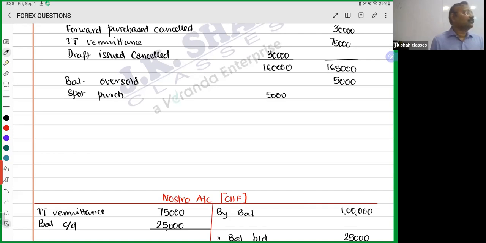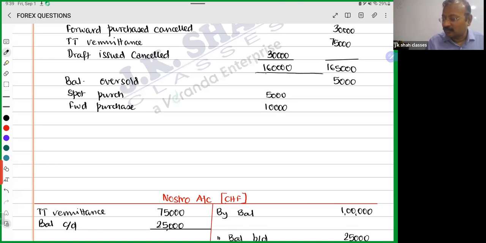Nostro. Because whatever you enter in Nostro will affect there also. So you first have to balance and reach the target of Nostro, then do whatever you want in the statement of exchange. So you will do a forward purchase of 10,000.